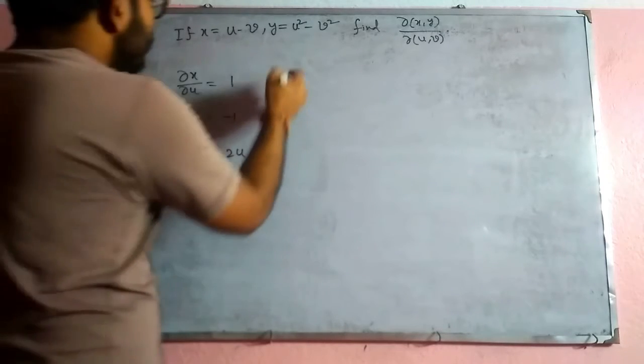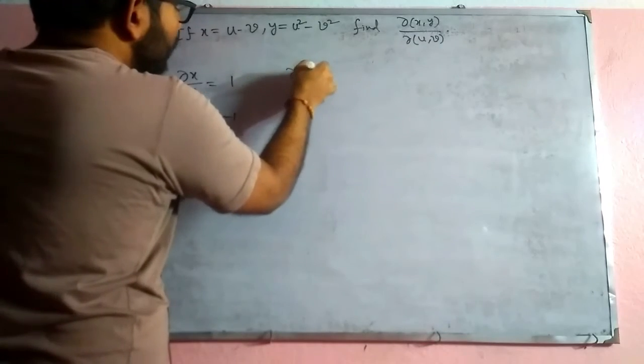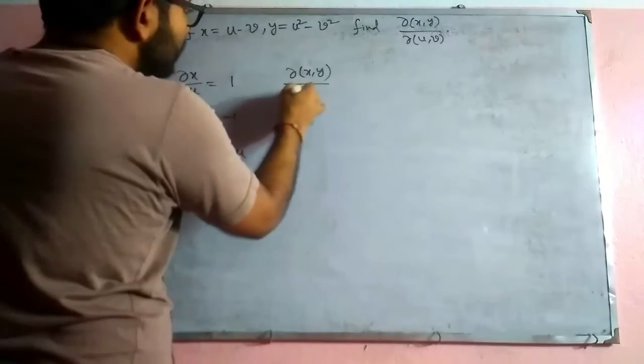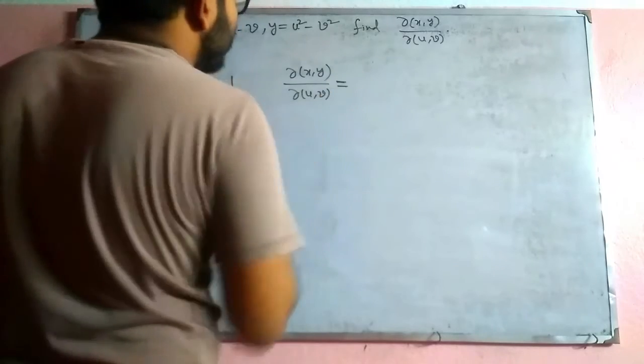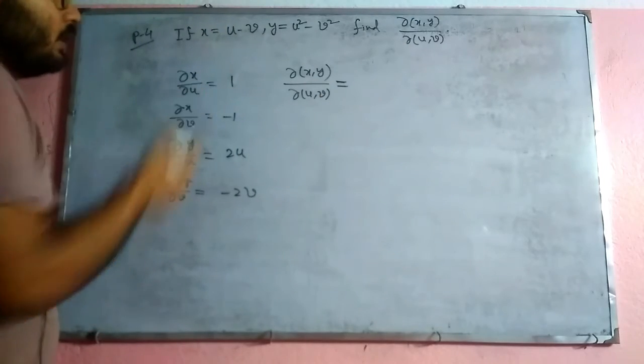Okay, so the Jacobian is, very simple problems, you just have to calculate the partial derivatives and determine it.